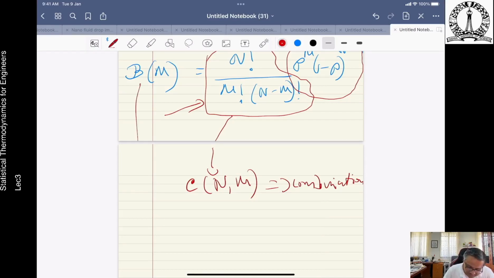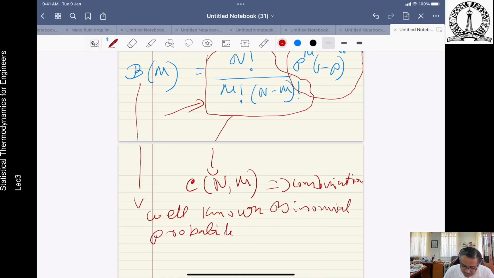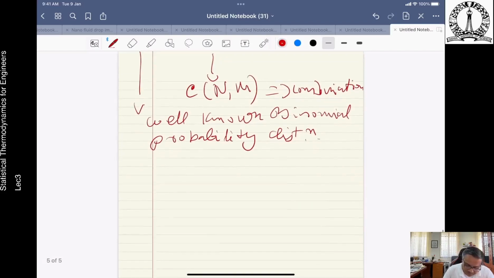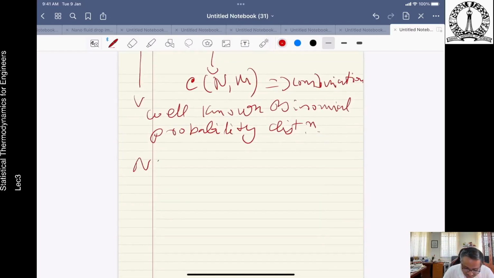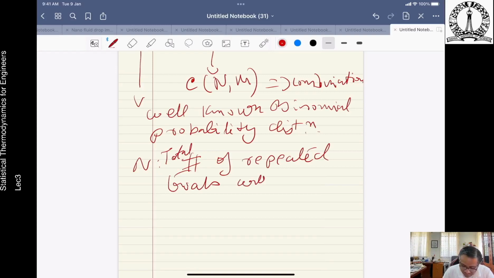So this, once again, is the well-known binomial probability distribution. n is the total number of repeated trials with only two possible outcomes.